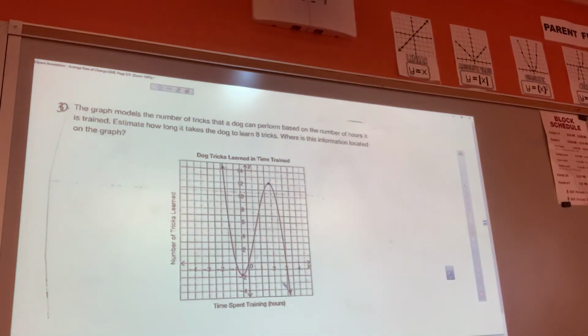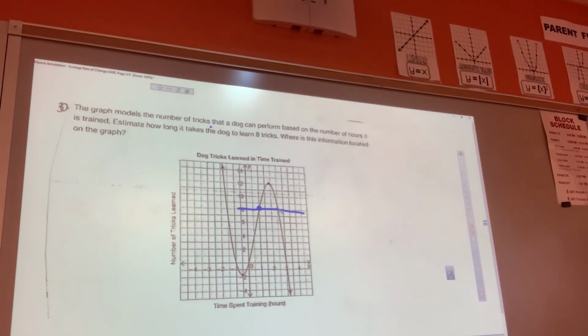All right, estimate how long it takes the dog to learn 8 tricks. Well, what are you looking for? You are looking for 8 tricks. Well, 8 tricks is here, right? So how long does it take the dog to learn 8 tricks? Well, it looks like he could learn it at an hour, and then what?